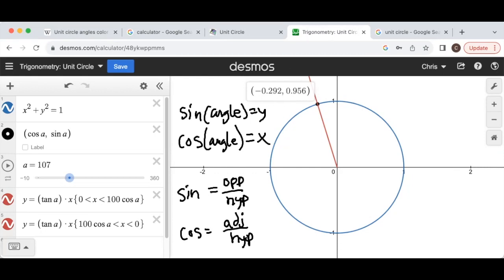These are better definitions. Sine is the y-coordinate. Cosine is the x-coordinate on the unit circle. These previous definitions were fine. But these new definitions that have to do with the unit circle are better. They are superior definitions. And I will talk more about why those are superior definitions in the next video.